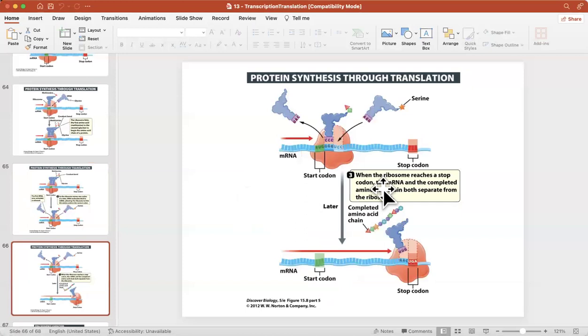We have three, UAA, UAG, UGA. Once they meet the stop codon, it codes for nothing. So no amino acid will be brought by the tRNA to here, and there is no more amino acid to combine with it. And so this amino acid sequence will be released.